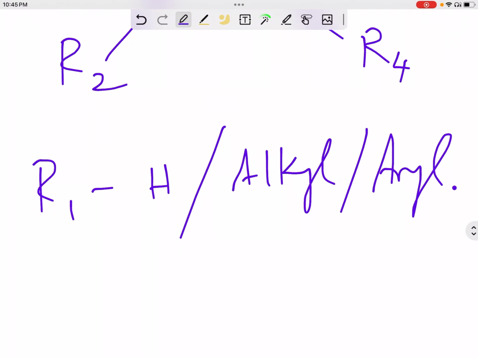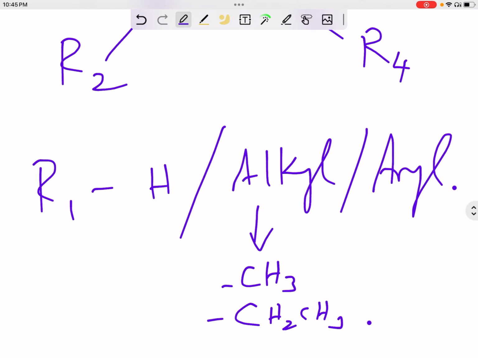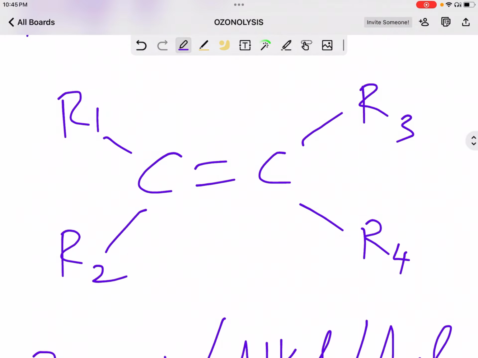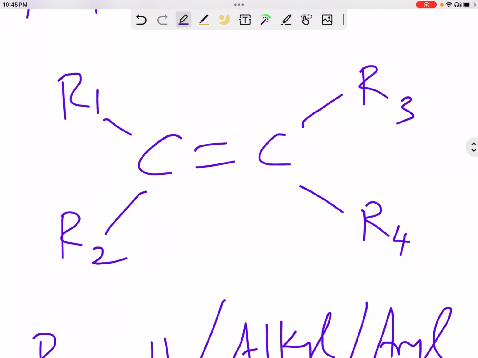When it comes to alkyl, we are going to check with simple alkyls, methyl and ethyl. So what's going to be the product? We are not only changing R1, we are doing the change for R2, R3, and R4 as well. For individual substitutions, what are the products that we are going to get when an alkene is subjected to ozonolysis?